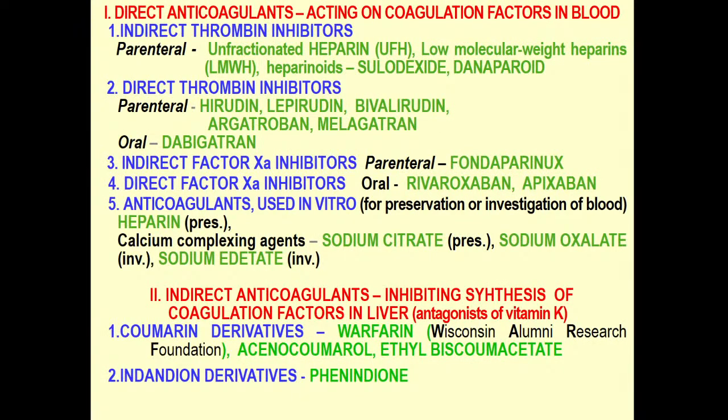Classification of anticoagulants. First of all, indirect thrombin inhibitors. Once again, thrombin is factor 2A. So indirect thrombin inhibitors.